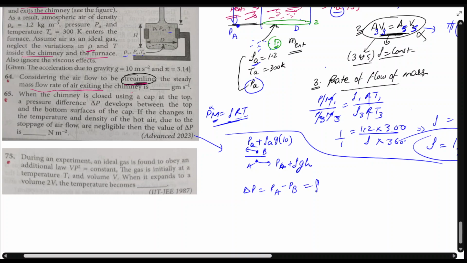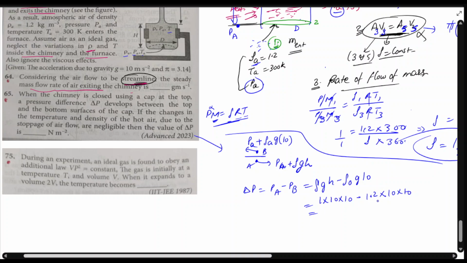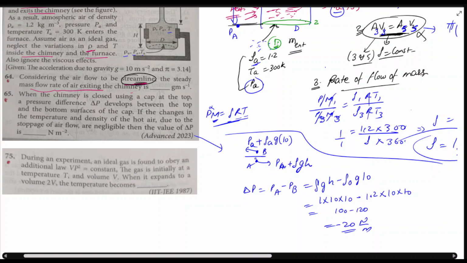So it will be rho gh minus rho A g into 10. So rho was 1 into 10 into 10 minus rho naught, it was 1.2 into 10 into 10. So it will turn out to be 100 minus 120. So it will be minus 20 Newton per meter square.